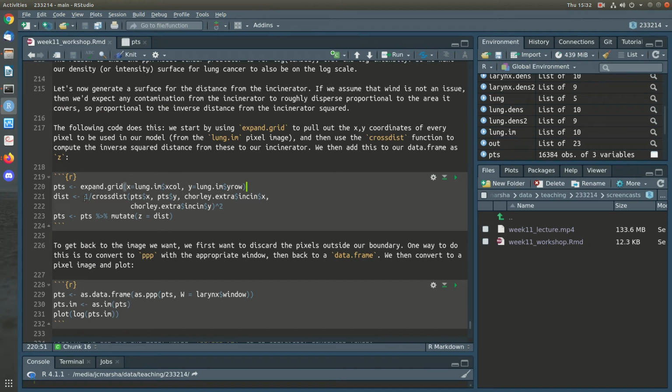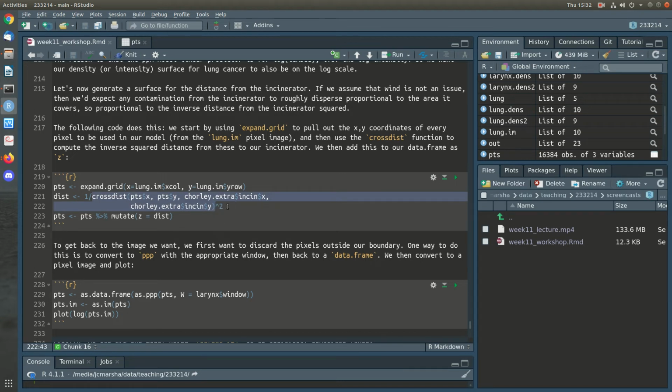And then, using that, we've taken the X and Y location from the points data set, and we've used the Chorley incinerator coordinates, and we've used cross-dist in order to find all of the pairwise distances from the location X, Y in our pixel data set to the incinerator.